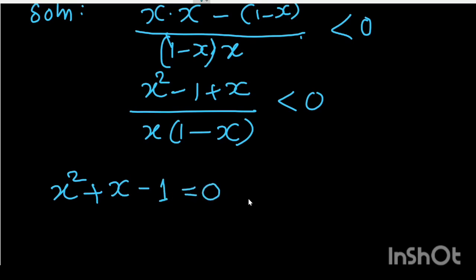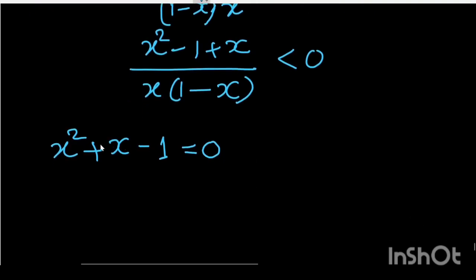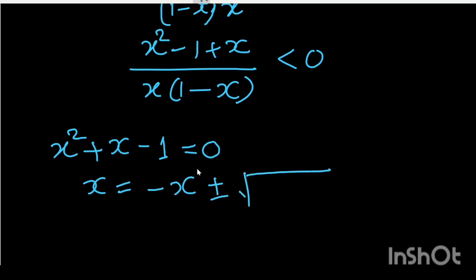Okay, so we will factorize this by using Sridharacharya or the quadratic formula, because solving it by factorization won't be possible, since 1 into 1 nothing, we can write it like this.